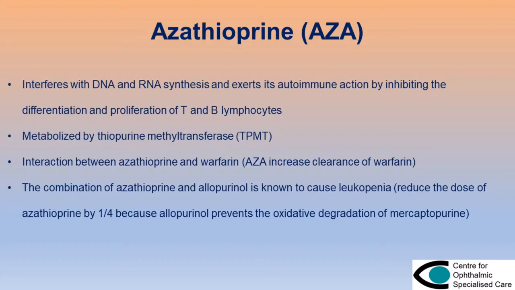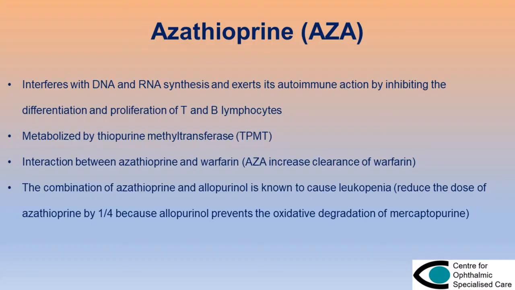It's very important to know that this enzyme activity differs between people, so we have to evaluate the activity of TPMT before prescribing azathioprine to our patient, because if the activity is low, this patient cannot metabolize azathioprine. It can cause toxicity and side effects.